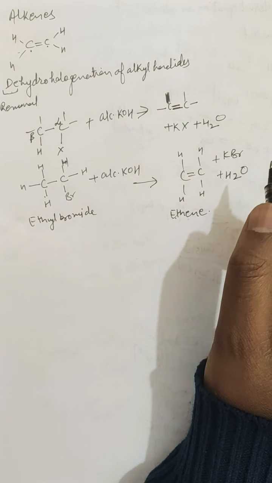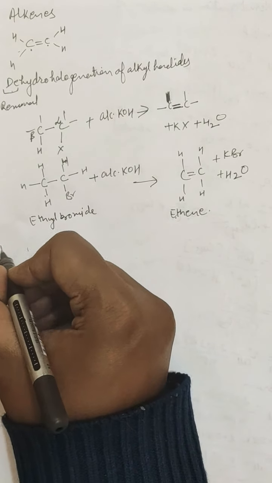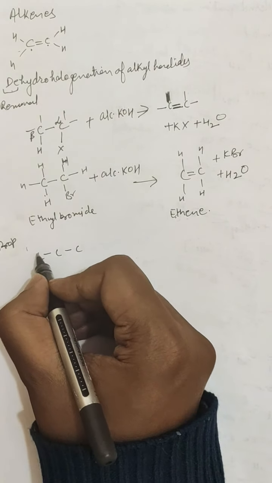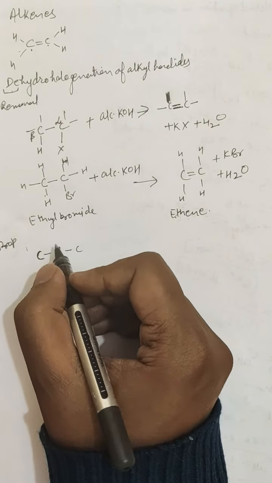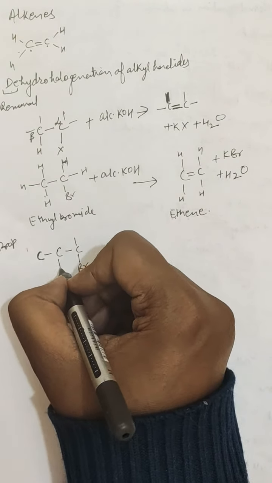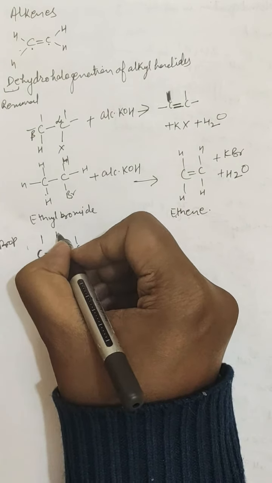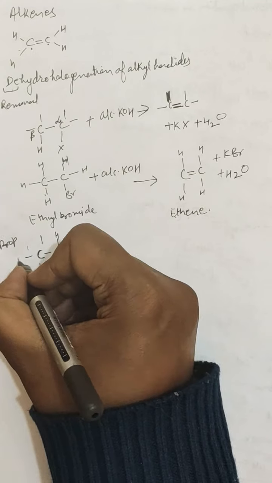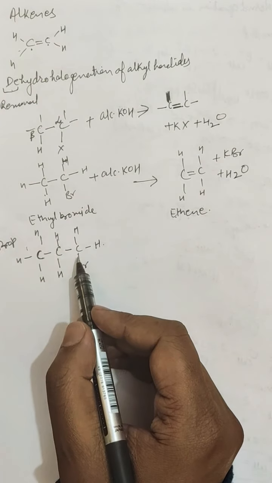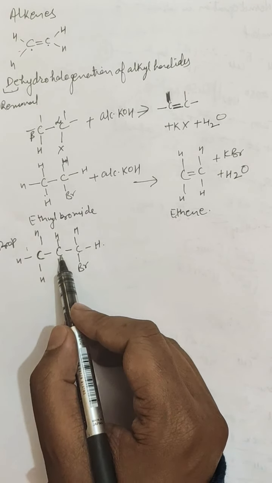So the next example is propyl bromide, that is, prop means 3 carbons, so 1, 2 and 3. So for propyl bromide we can write bromine. This is the propyl bromide. So this is the first carbon, this is the second and third carbon.